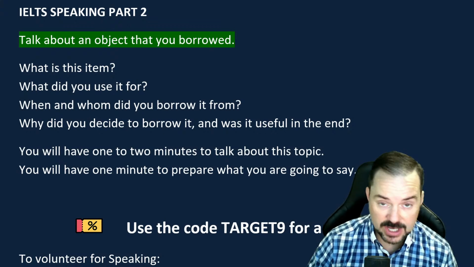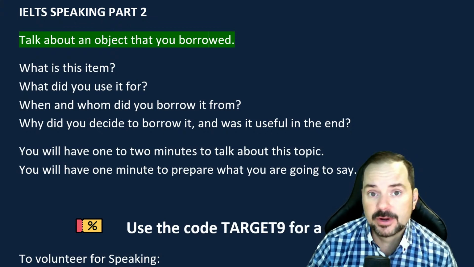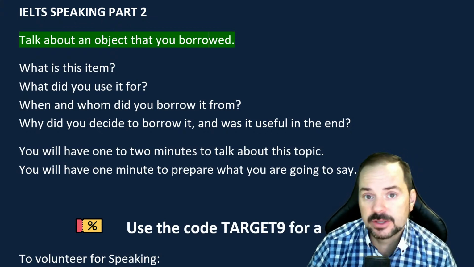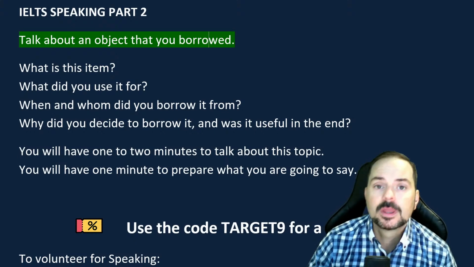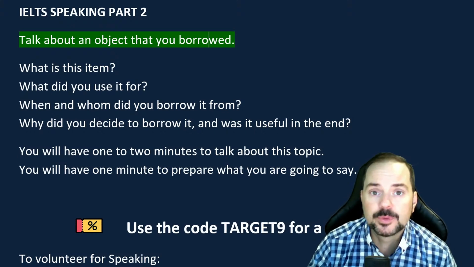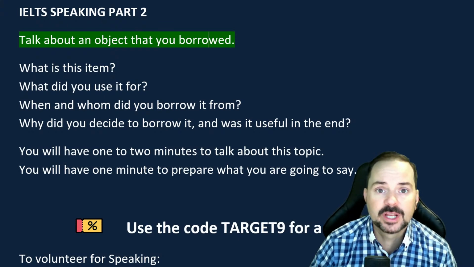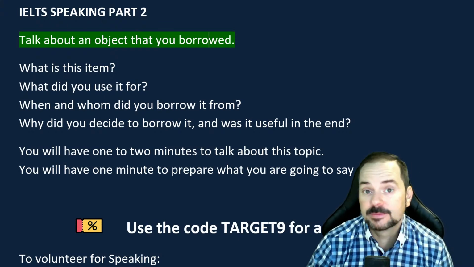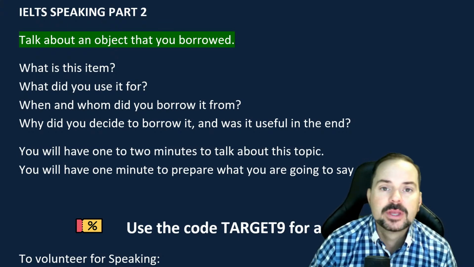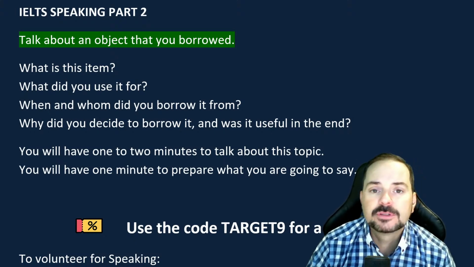So it's an object. When I talk about an object, I have to talk about its appearance, so what it looks like. I have to talk about its origin, where it comes from. Where did I get it? So here I borrowed it, obviously, but who did I borrow it from, right? And then you have to talk about its function. So how does it work? You know, what do you do with it?